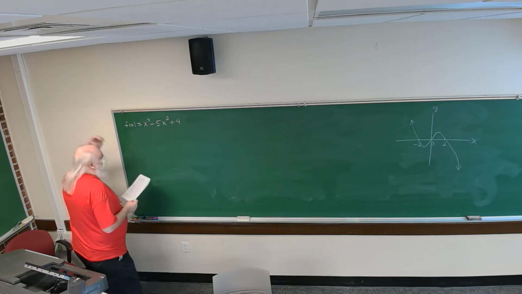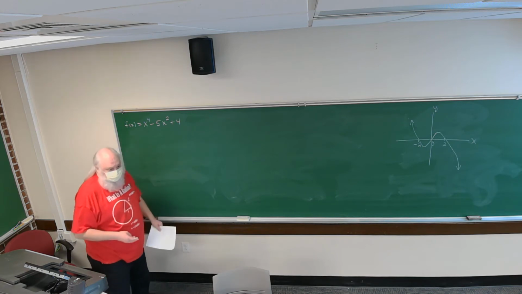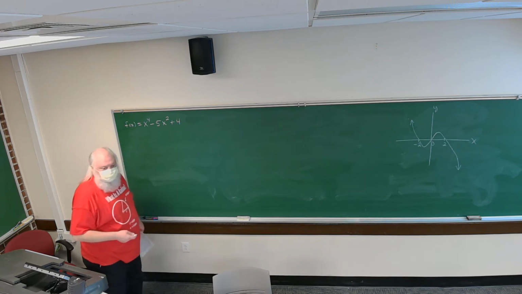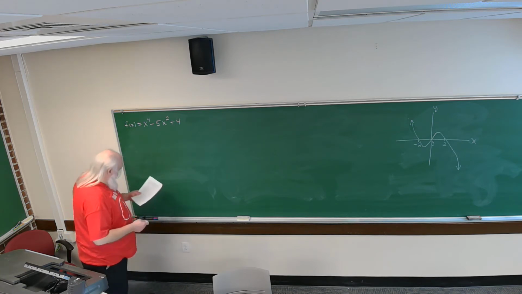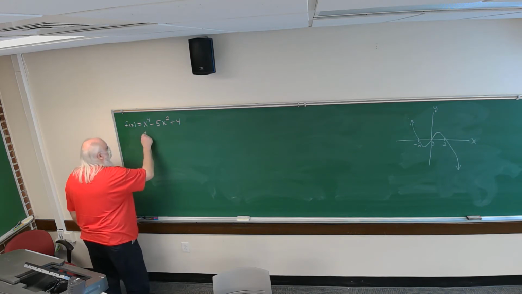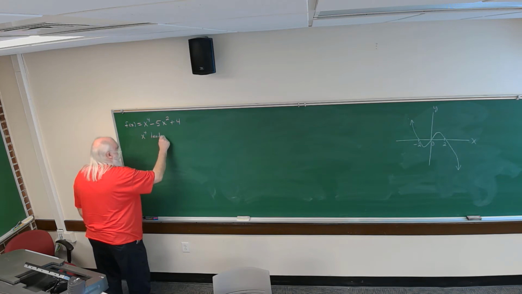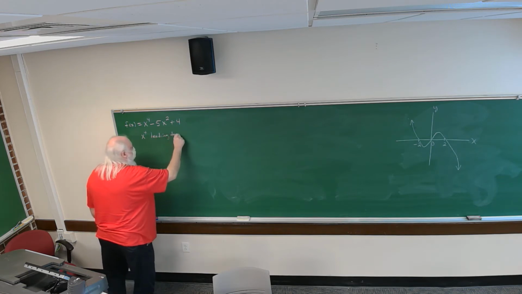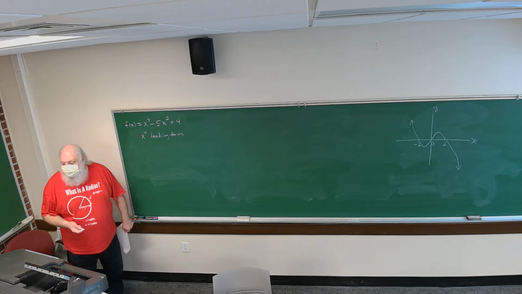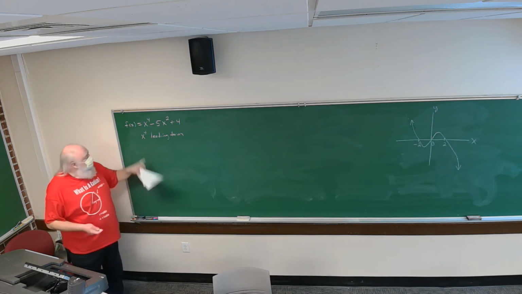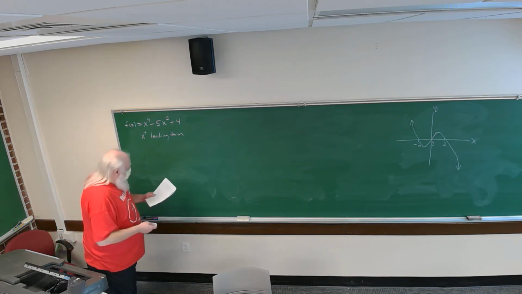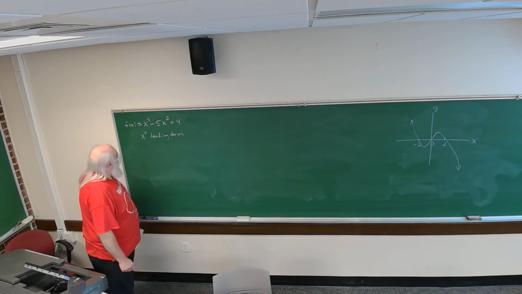Now, this one's a bit trickier. Do we know what the leading term is? It's x to the 4th, right? So what's the end behavior for this polynomial going to be? Both ends are going to go up, right? Like a parabola that opens up.